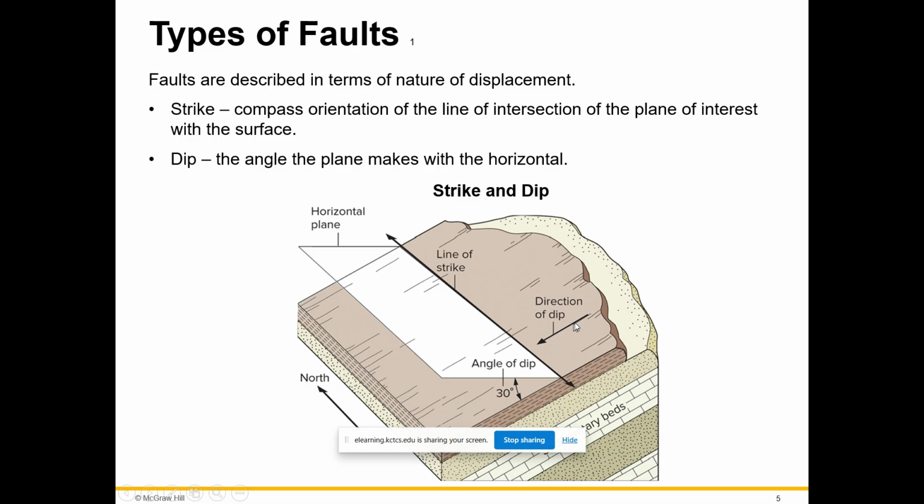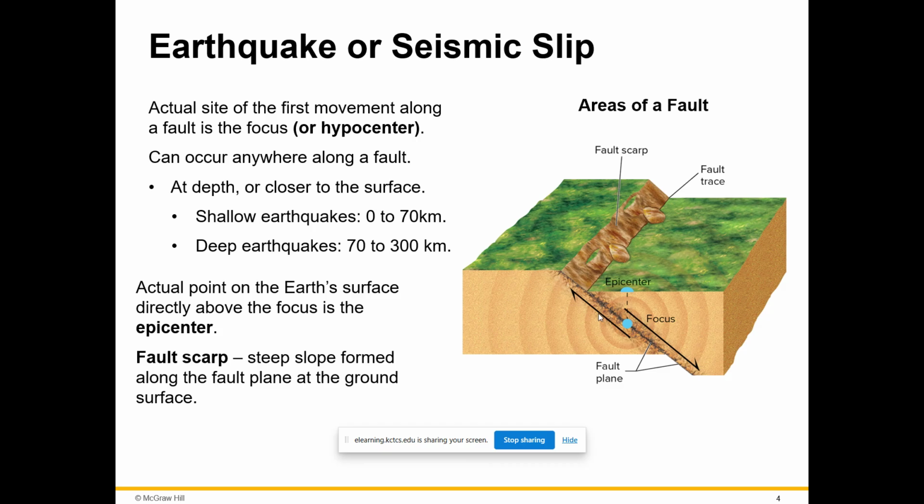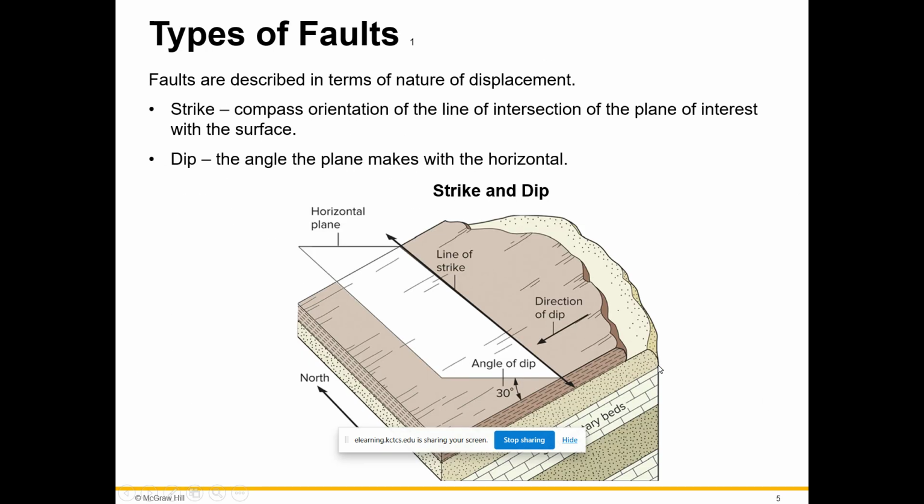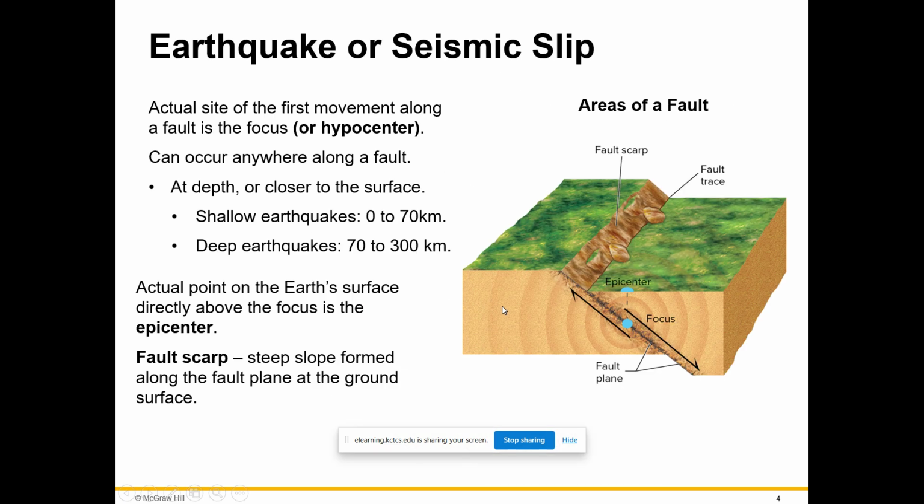So this would be dipping more towards the southwest, where the last one was dipping more towards the east. And so that way we can map them, predict them. If we can see the fault trace and the scarp at surface and we can measure that strike and dip, then we can extrapolate that, okay, where does this fault go? Does it go under any major cities or highways or anything?